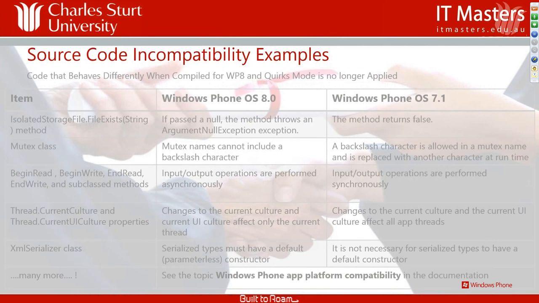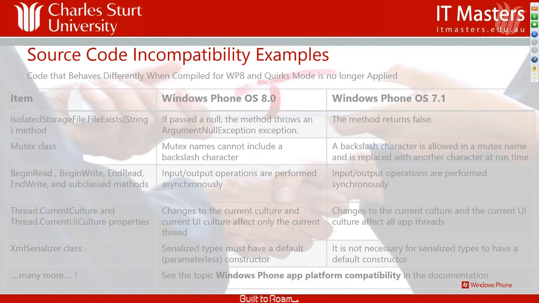So for example, there's a number of scenarios here that list where Windows Phone 8 differs from the behavior that was available in Windows Phone 7.1. I won't go through each one of these in detail. These slides will be available as part of the recording, so feel free to take the time to go through those and look at the details as to where some of these differences lie.